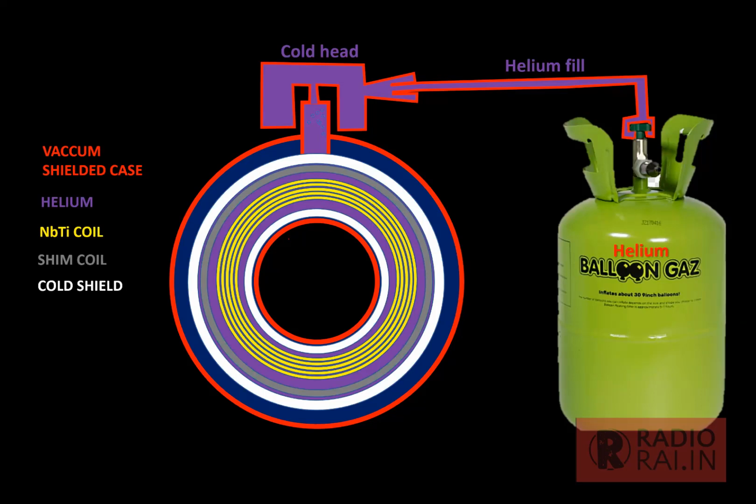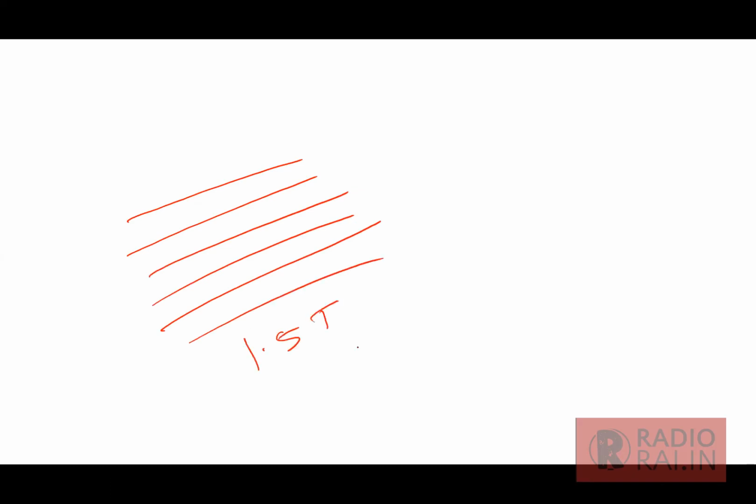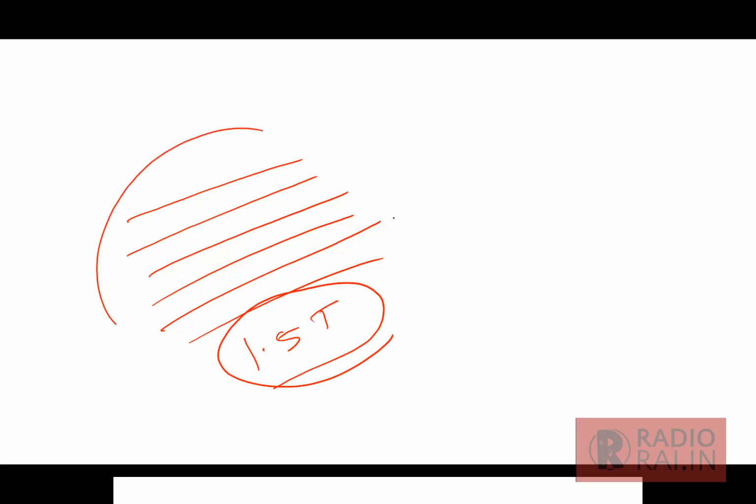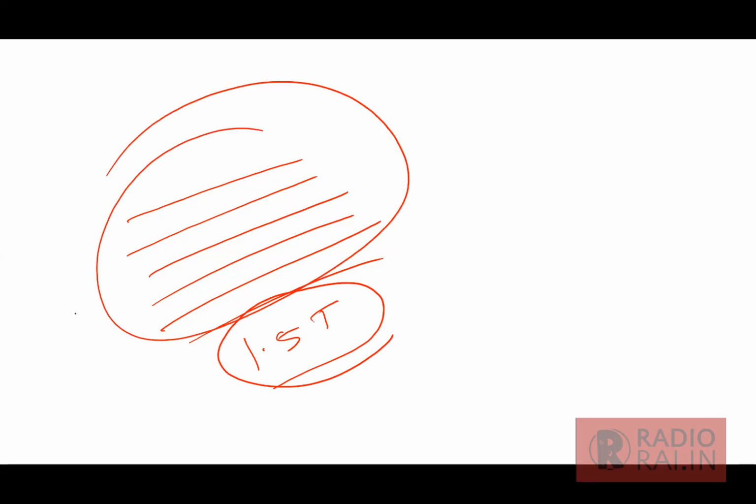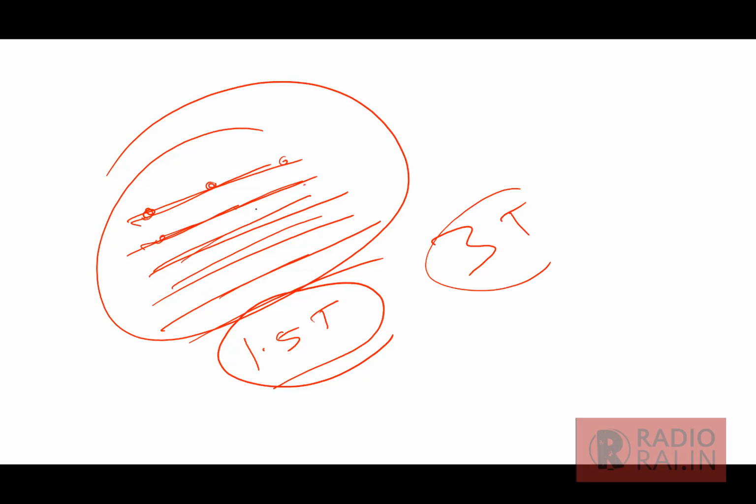All our MRI machines work on one principle: we maintain a uniform magnetic field. It might be a 1.5 Tesla MRI, where we assume the magnetic field is uniformly 1.5 Tesla, or if it is a 3 Tesla MRI, the entire thing is uniformly 3 Tesla. At every point, if I measure, the magnetic field is 3 Tesla.